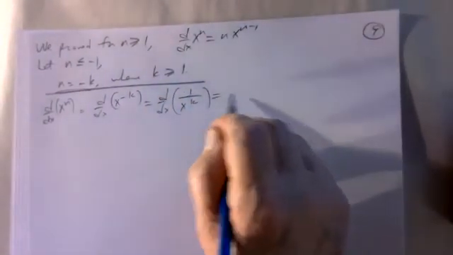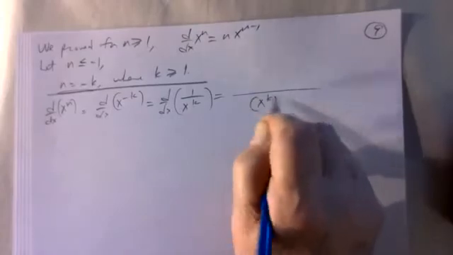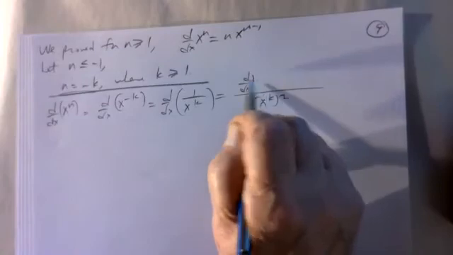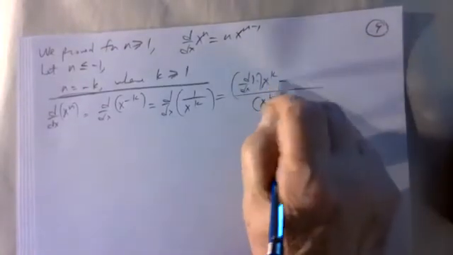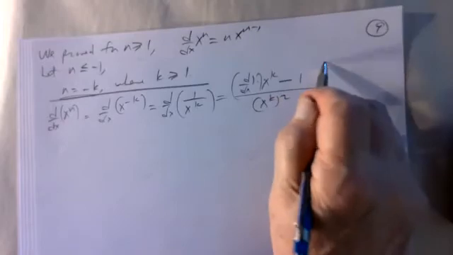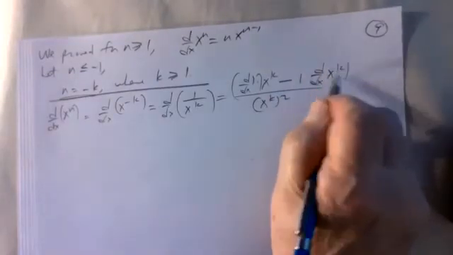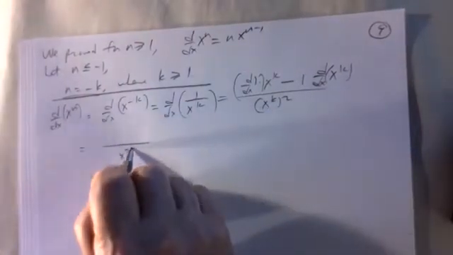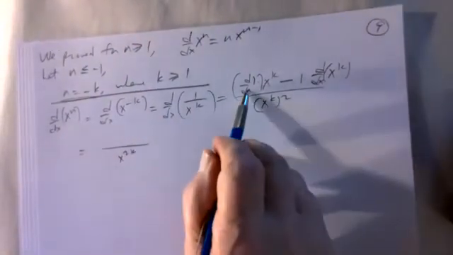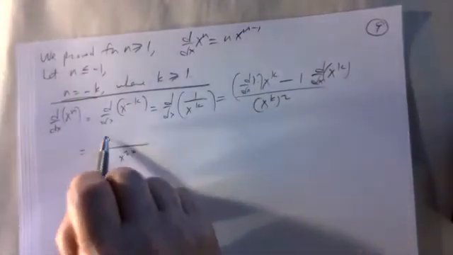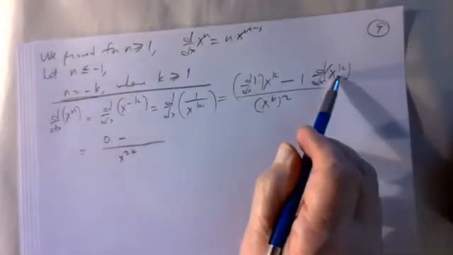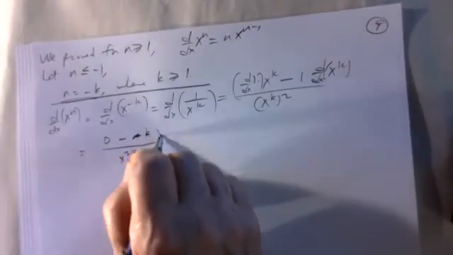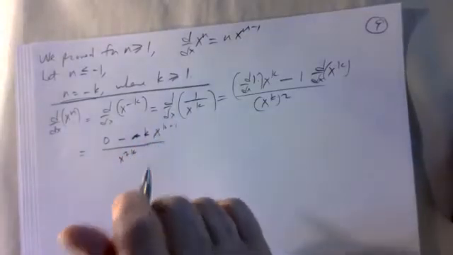By the quotient rule, this is the denominator squared, the derivative of the numerator times x to the k minus the numerator times the derivative of x to the k. So here I have in the denominator x to the 2k. The derivative of 1 is 0. The derivative of x to the k is k x to the k minus 1.